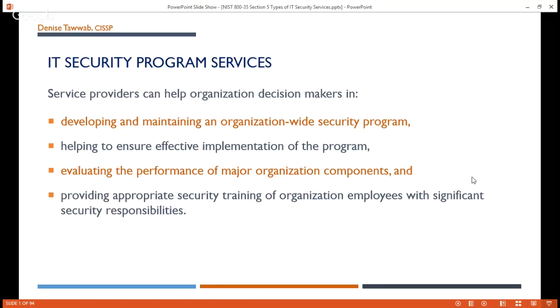All right. IT security program services. Service providers can help you develop and maintain an organization-wide security program. They can help you ensure that it's implemented effectively. They can evaluate the performance of your major components, and they can provide security training to your employees, whether it's technical training for your people who are down in the trenches implementing technical controls, or security awareness training to your entire employee base.